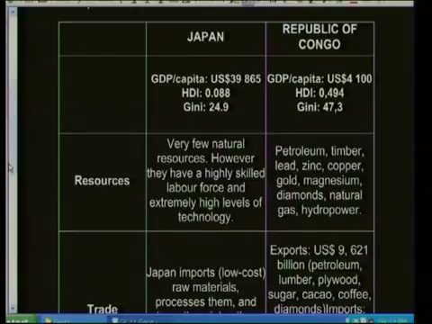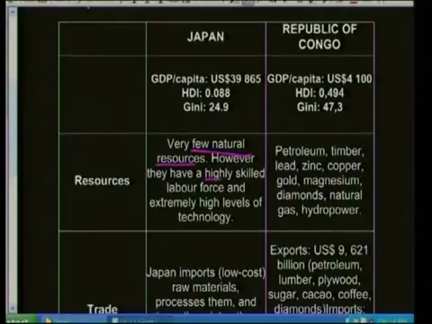What's important to look at is the information under resources. If we look at Japan, it says it has very few natural resources, and this is probably going to be the answer that they're looking for. However, they've got a highly skilled labor force and high levels of technology. If you look at the Republic of Congo, they've got a whole list of resources that are available in that country.